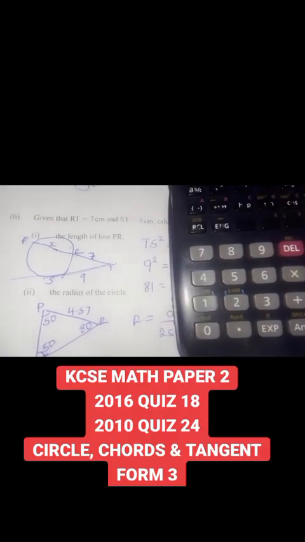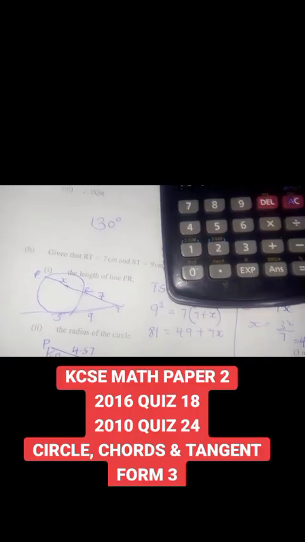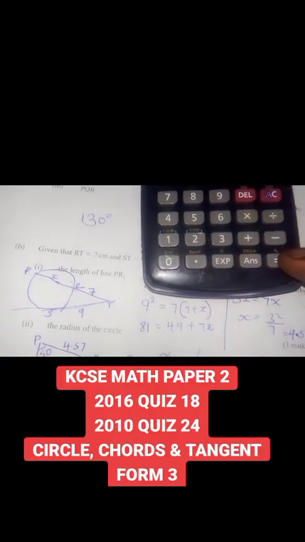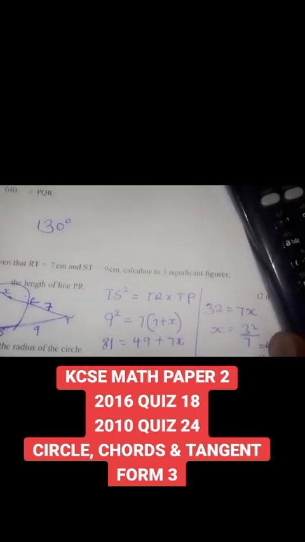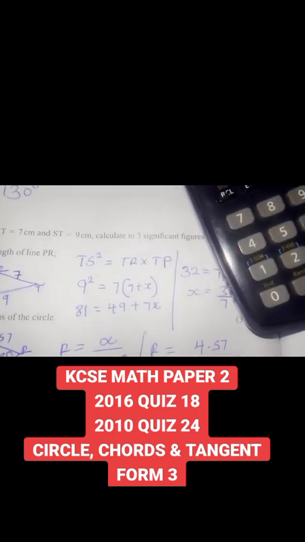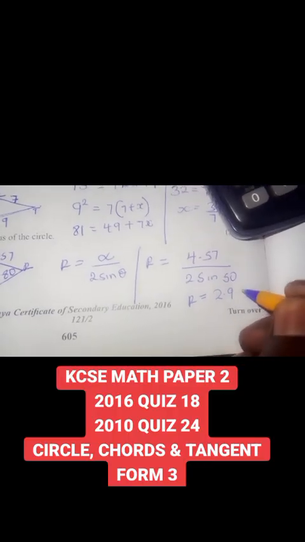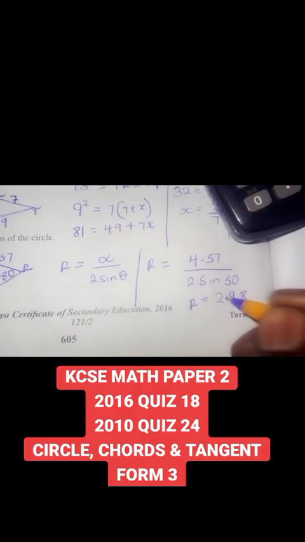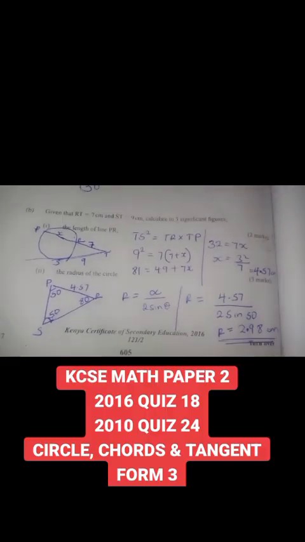Remember the instruction was to give the answer to 3 significant figures, so the radius will be 2.98 centimeters. So that is how that question is supposed to be solved under circle, chords, and tangent.